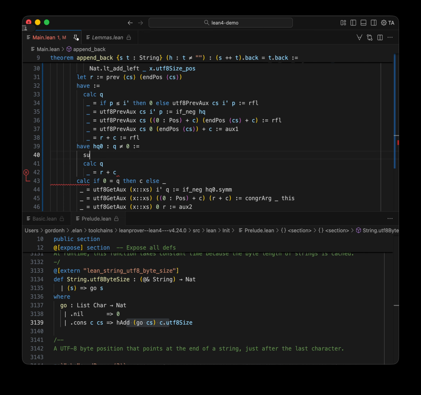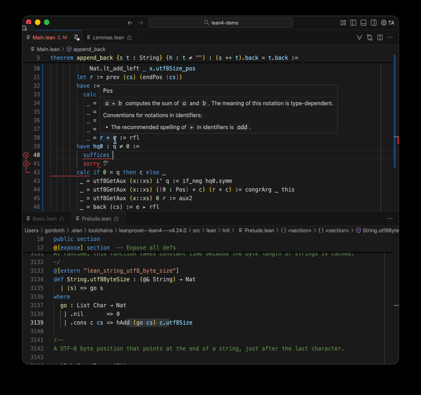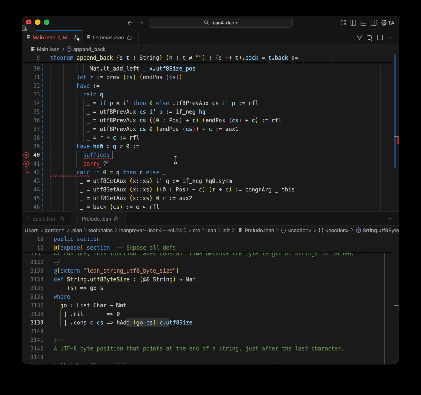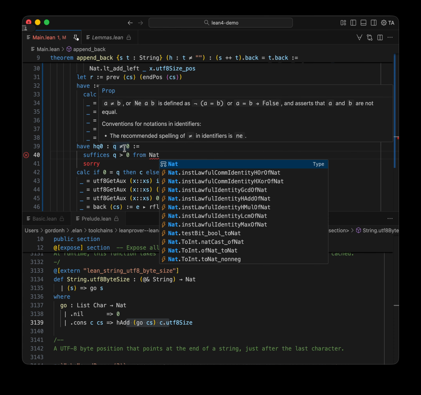Oh no, take some detour. Given that Q is R plus C, and we know that C is greater than 0, then this whole thing will be greater than 0, hence Q being greater than 0. Q not being 0.